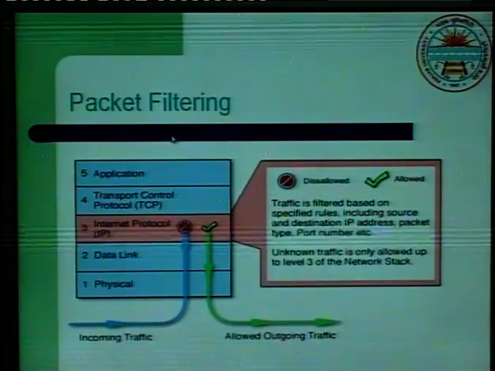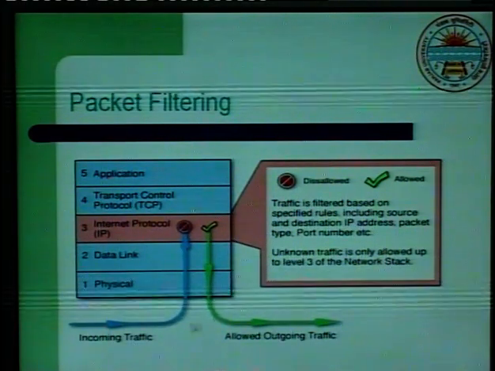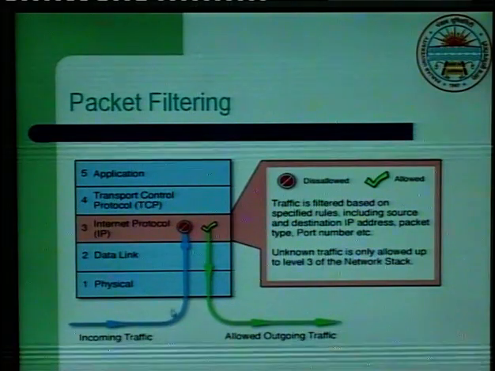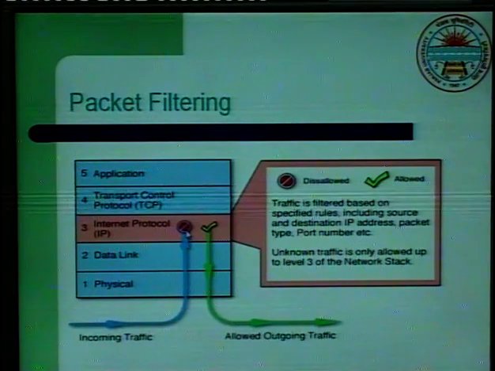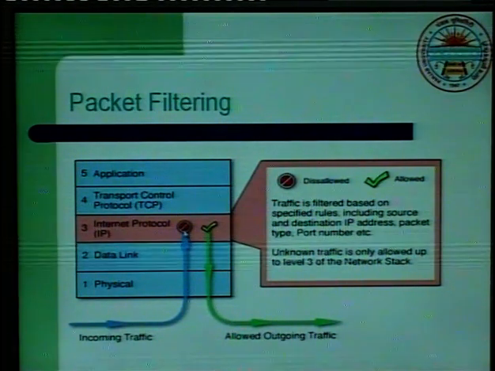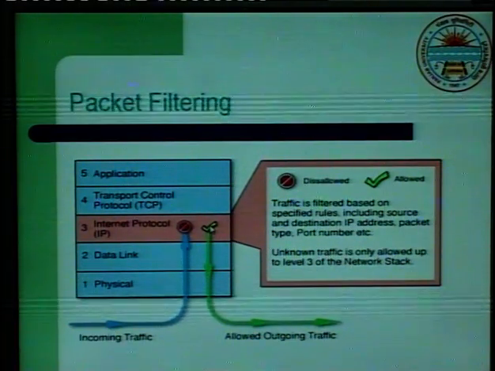So, how does a packet filtering firewall work in the TCP/IP stack? In the TCP/IP stack, when traffic enters your network through the physical layer, it goes to the data link layer, and when it comes to the router or IP layer, there is an access control policy on whether to deny that packet or to allow that packet.